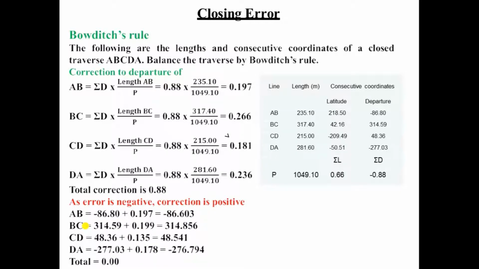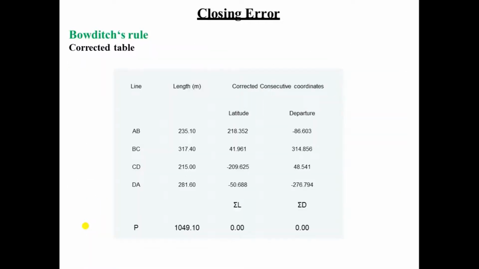Next, we apply the correction in the same way to the departures, correcting the old departure of each line. Lastly, we prepare the correction table after the correction of latitudes and departures.